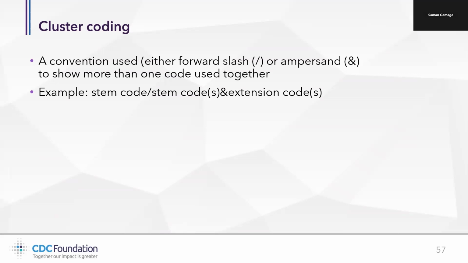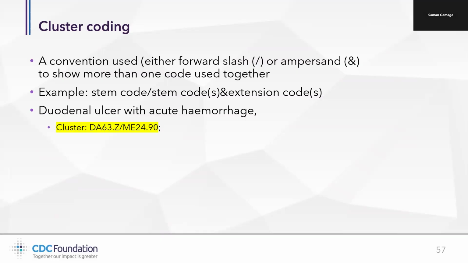For example, stem code / stem code ampersand extension code. Let's see this example. Duodenal ulcer with acute hemorrhage. The code cluster is DA63.Z / ME24.90.